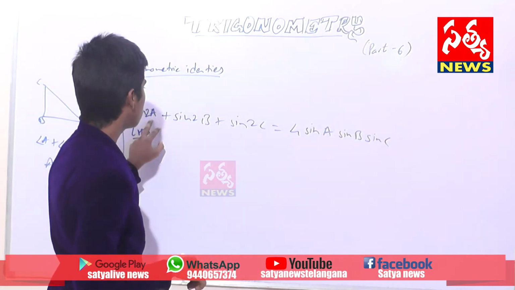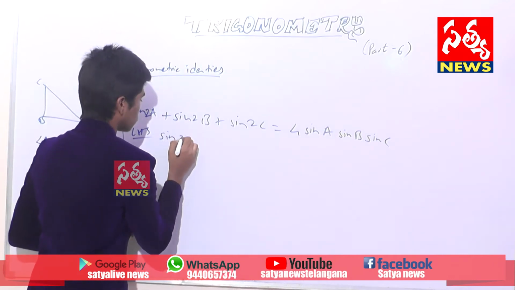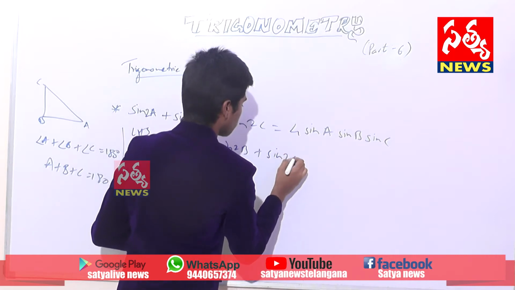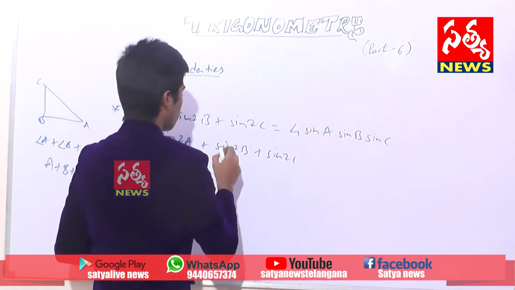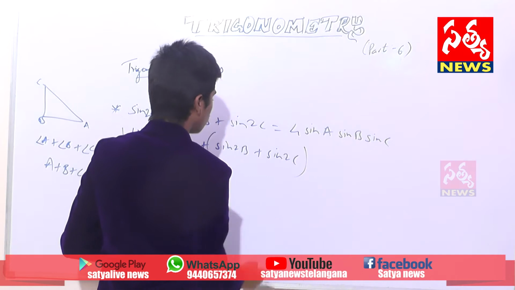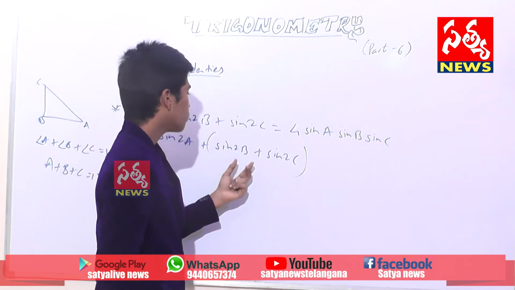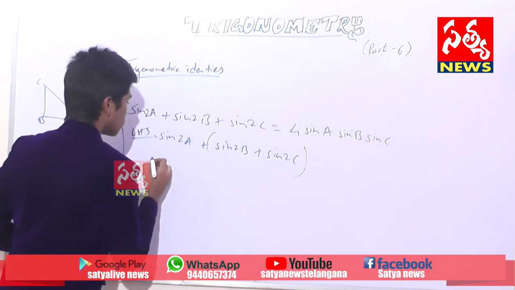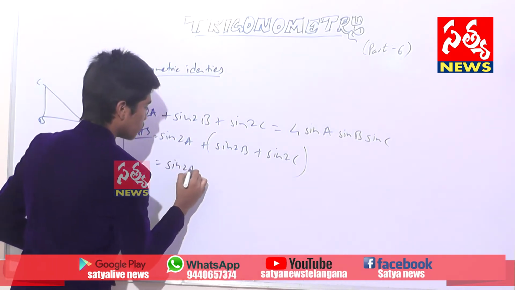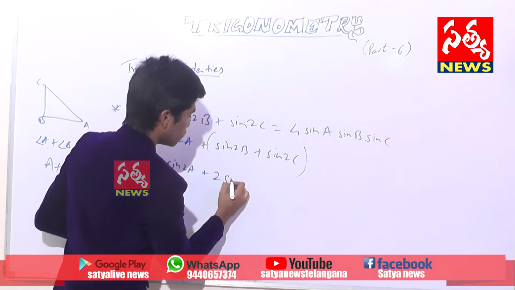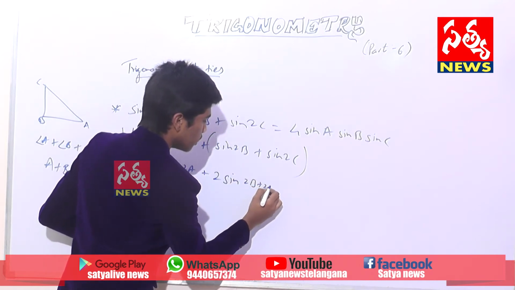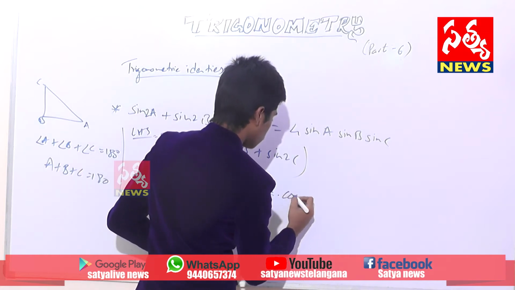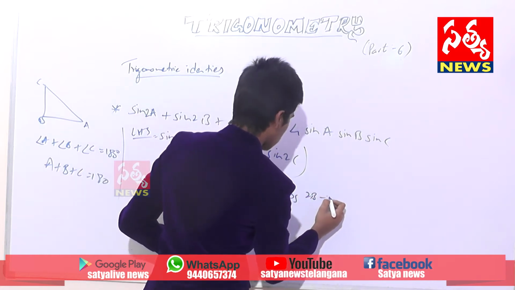Now taking LHS, sin 2A plus sin 2B plus sin 2C. I am going to take these two in one bracket. See here, sin C plus sin D. The formula is 2 sin of (C plus D) by 2 into cos of (C minus D) by 2.